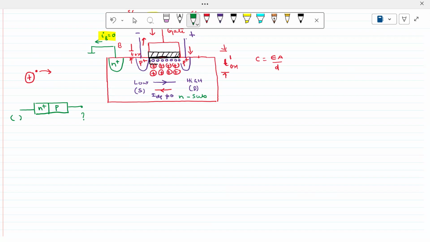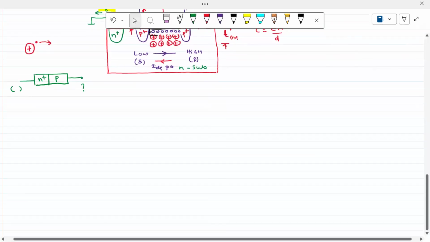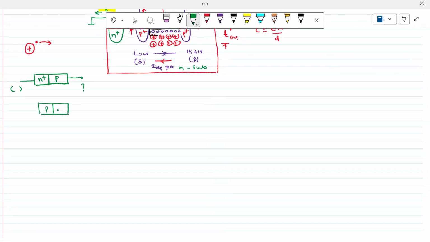If you are confused, I will take something like this: this is the P, this is the N plus. What potential should I apply here so that it becomes reverse bias? Higher potential, right? Very good.